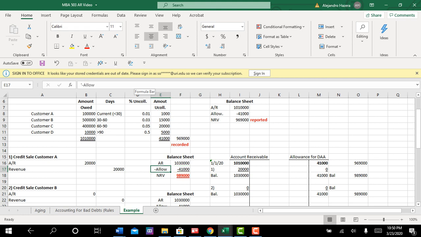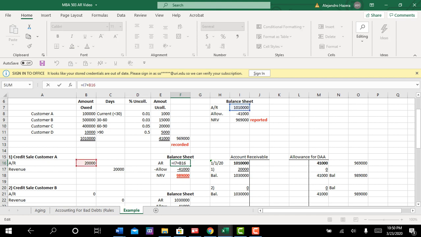Okay, so rule number 1, we've got a couple of rules here, is that after a credit sale, the allowance does not change. The accounts receivable changes, in this case by $20,000. It went up by this $20,000 right here, started here, went up, so you add it, posted it, and ended up at $1,030,000.